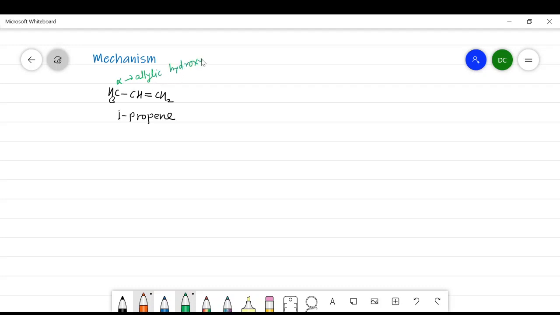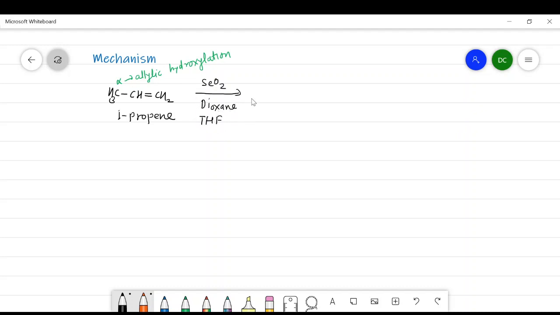Allylic hydroxylation when it is treated with SeO2. So in presence of SeO2 and dioxane, when SeO2 is used, generally dioxane or tetrahydrofuran, that is THF, or ether, they are used as a solvent.